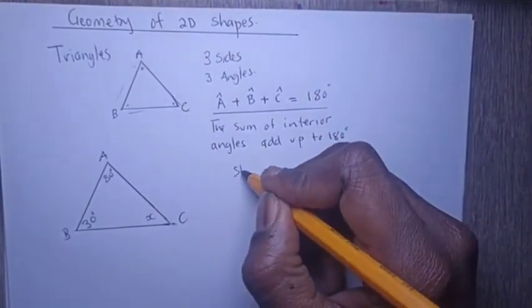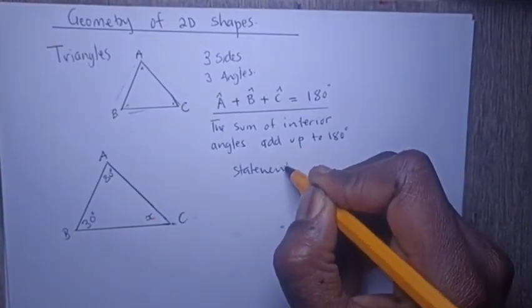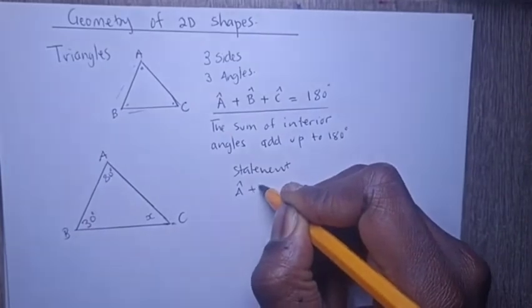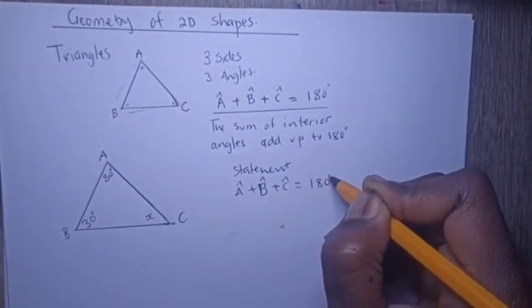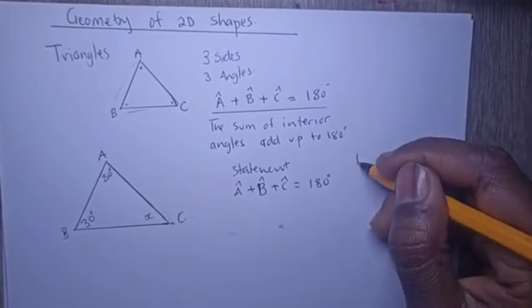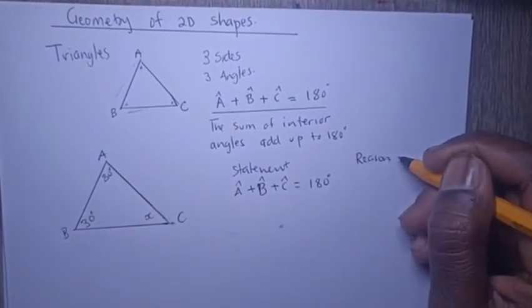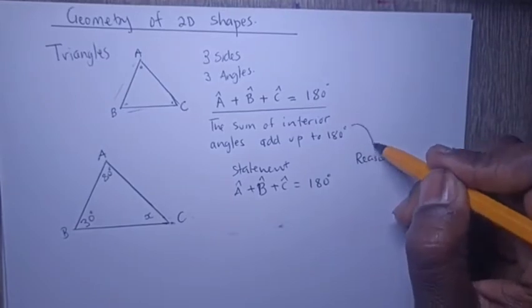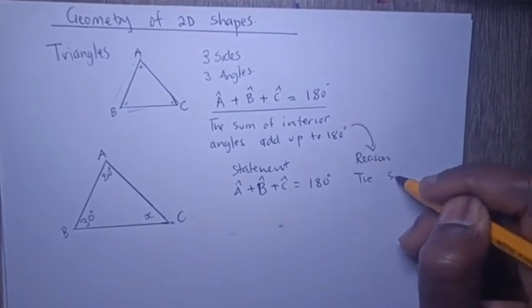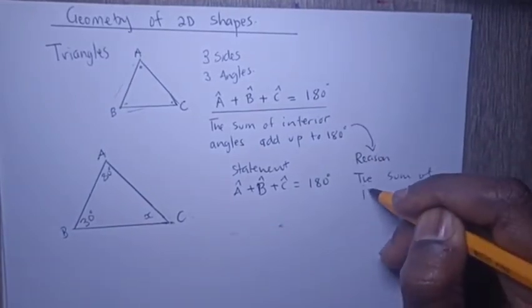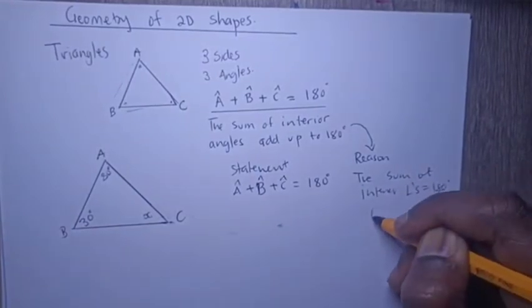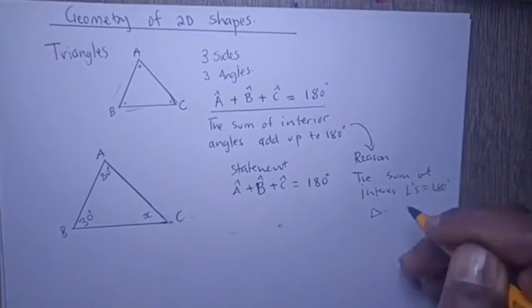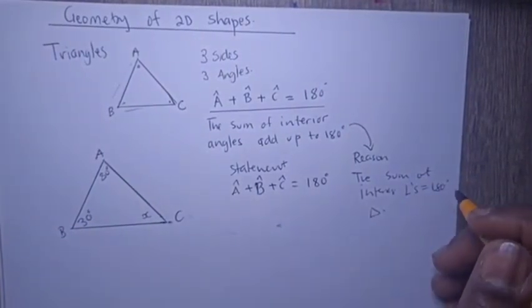So I'm going to write my statement: angle A plus angle B plus angle C must add up to how much? 180 degrees. And what will be your reason? The sum of interior angles equals 180 degrees in a triangle. You need to highlight that you are using that rule in a triangle.